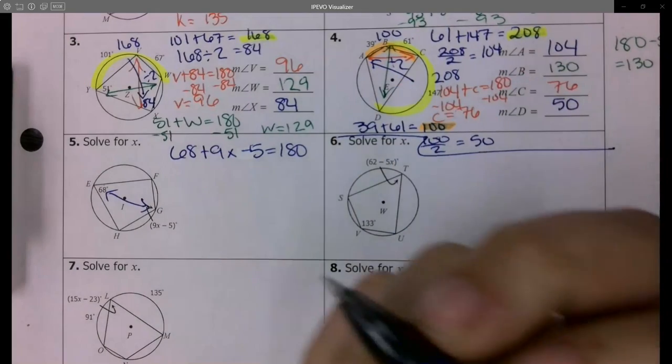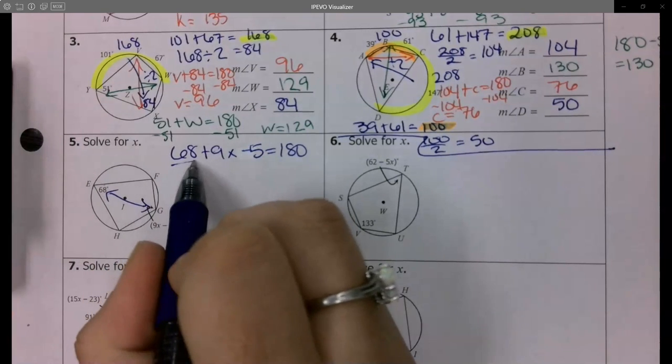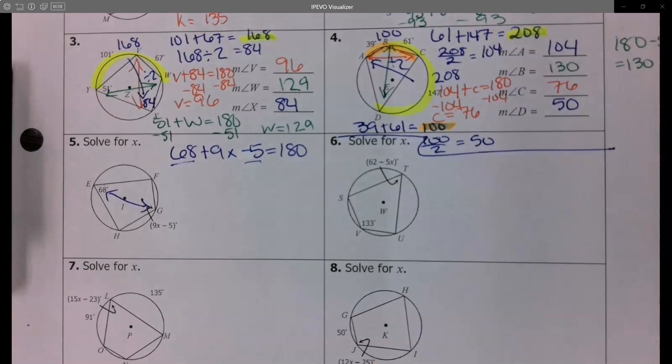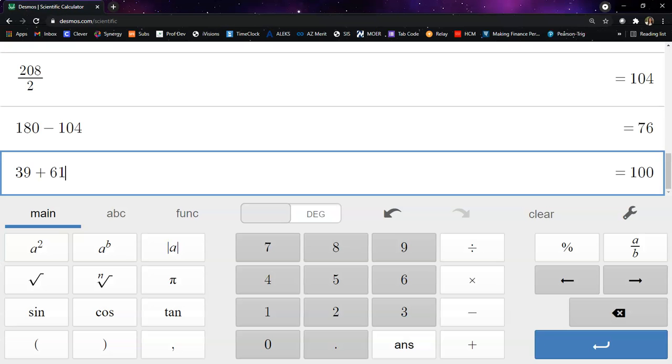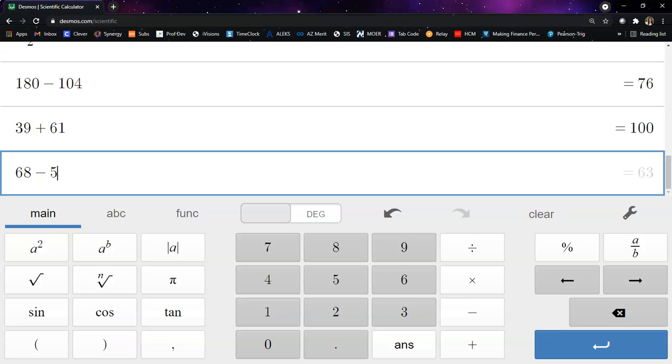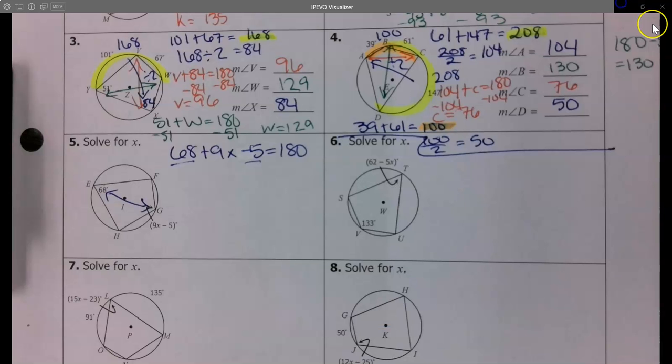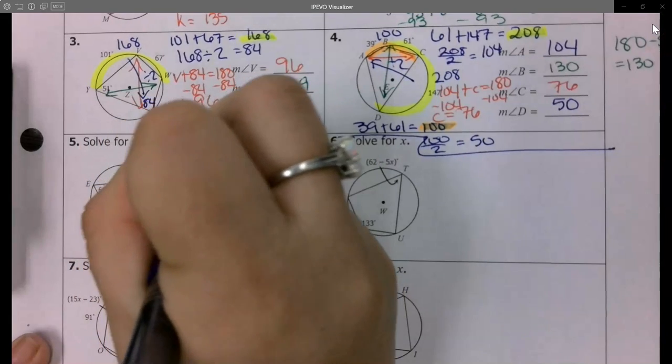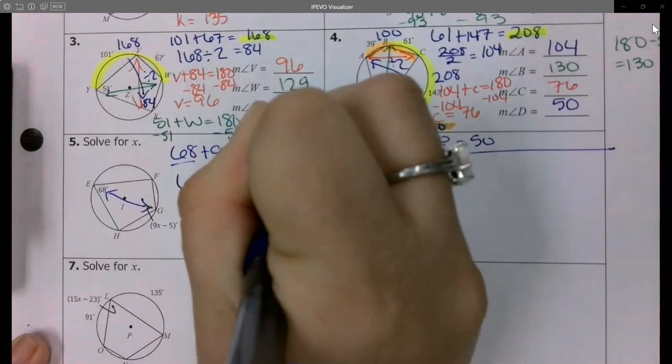Okay. Then I want to go ahead and combine like terms. So I have 68 minus 5, which if I go to Desmos, gets me 63. So 63 plus 9x equals 180.